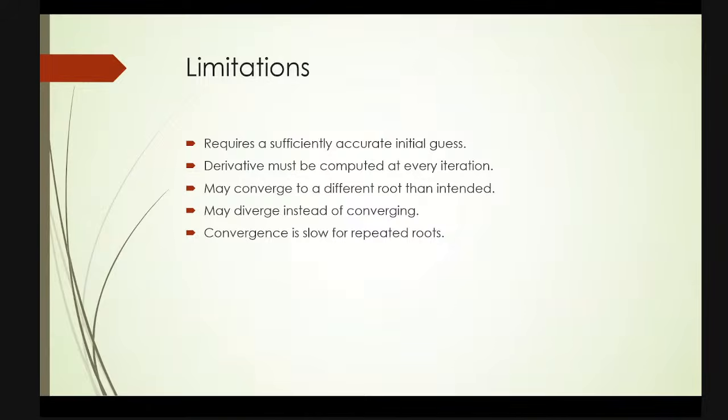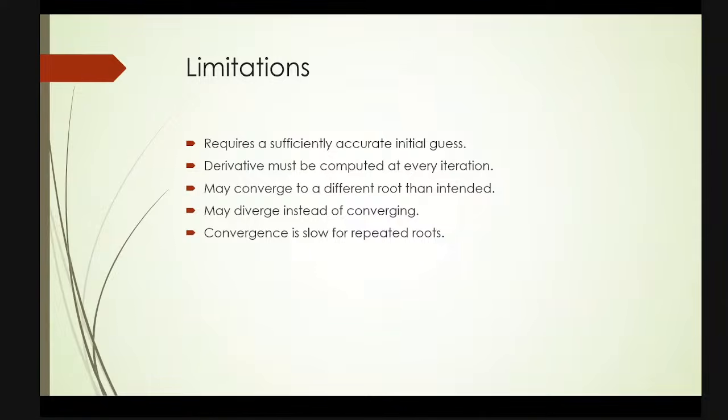Depending on our initial guess, the algorithm may converge to our desired solution, or it may converge to a different solution, or it may not converge at all. Next one. We have to compute the derivative of the function at every iteration, which can be computationally laborious. Despite using approximate methods for finding the derivative, it can be computationally laborious for a large number of functions.